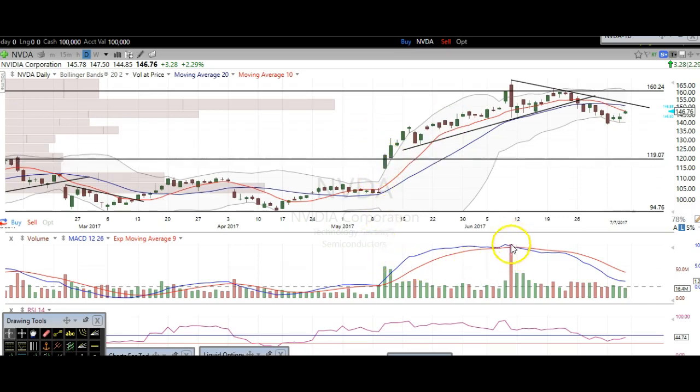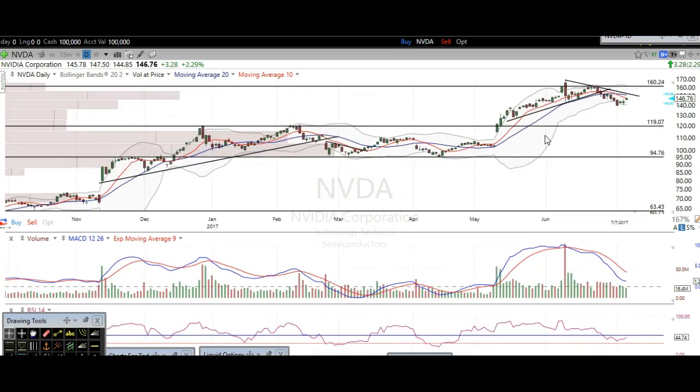And then we had this day right here with double that volume up here. So definitely expect to see some weakness here on NVDA based off of that volume alone. But just keep in mind, overall this chart is still bullish, and we have support down here at about 120, 119. See, it's previous resistance there, broke over it here.